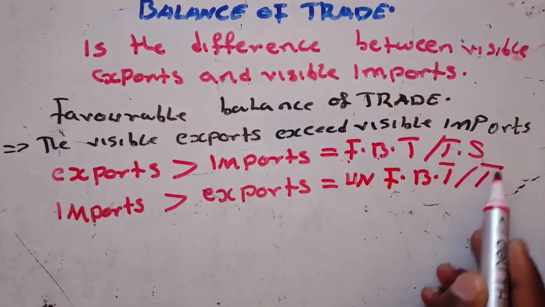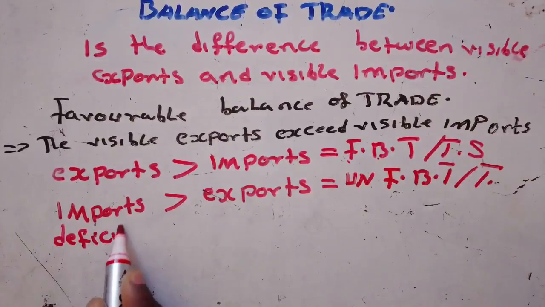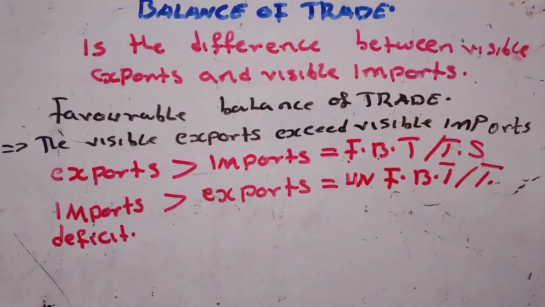Okay, so this is what we mean by favorable balance of trade and unfavorable balance of trade. On favorable balance of trade, we say that exports are greater than the imports, and on unfavorable balance of trade or trade deficit, we say that imports are greater than the exports.